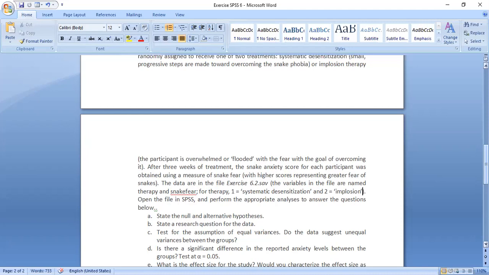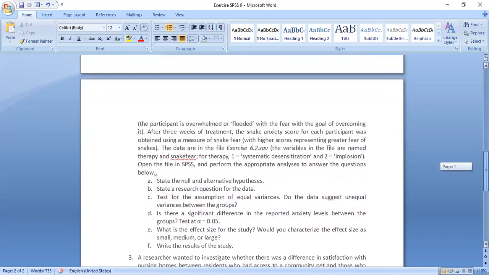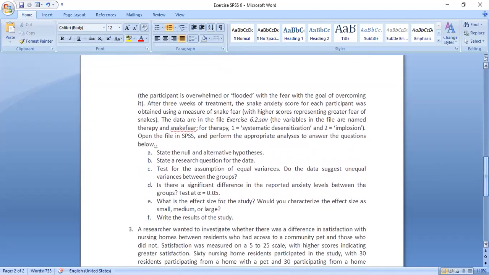So part A and part B of this question we've answered. Coming to part C, if you look here, C, D, E, and F, all these questions can only be answered when we have done the analysis part. So let's move to the SPSS file, and I'll be having a new share for you. We are just moving to the SPSS file.